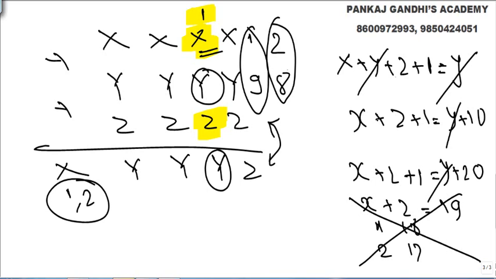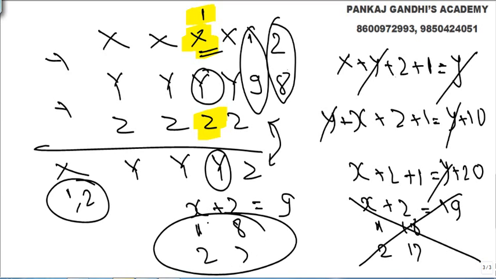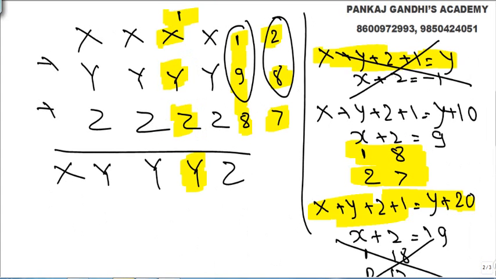So x plus z is 9. If x is 1, z is 8; if x is 2, z is 7. That's what we are using. We have either the 198 combination or the 287 combination.